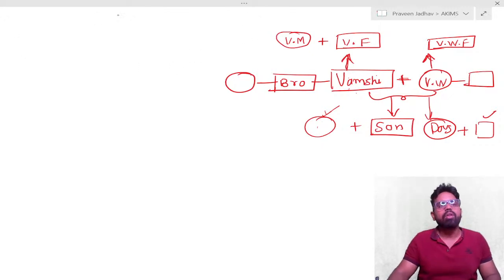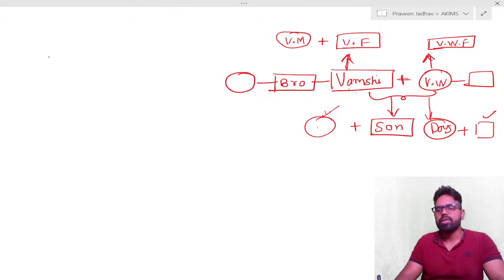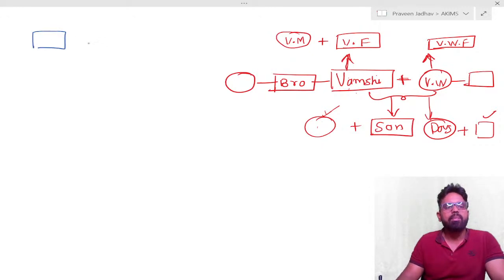So I am going to use this method, called the flowchart method, to draw all my diagrams for the questions I'm going to come up with. If there is a male character, I'll put it in a square box. If there is a female character, I will put it in a circle.